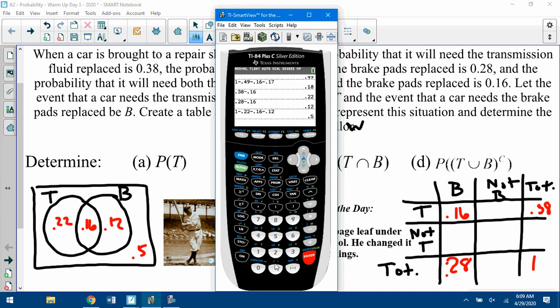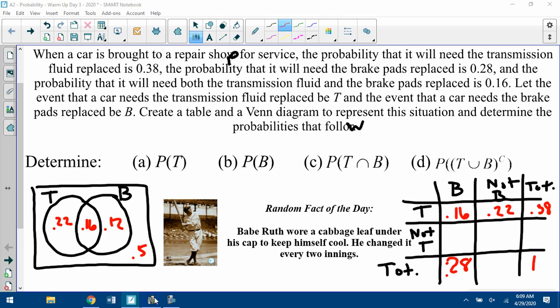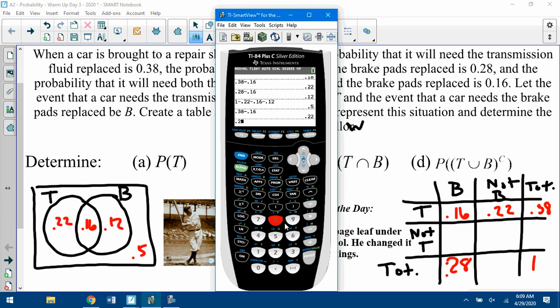So you'll see I'm going to do a lot of the same calculations. I still need to do 0.38 minus 0.16 to get what goes here. It's 0.22. And I still need to do 0.28 minus 0.16 to get that 0.12 number. It's got to go right here.